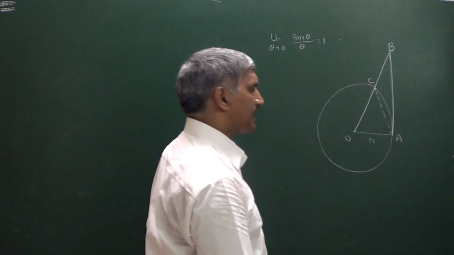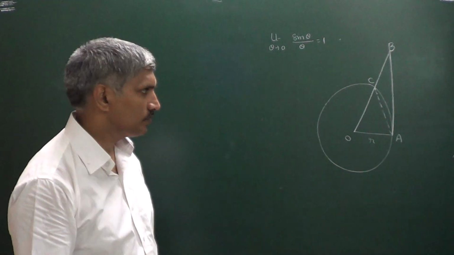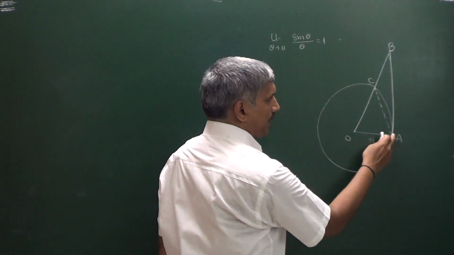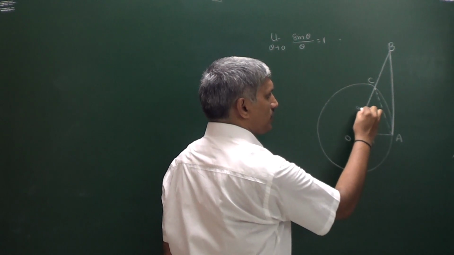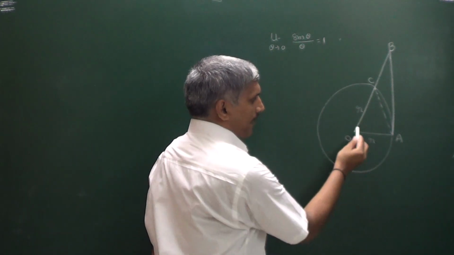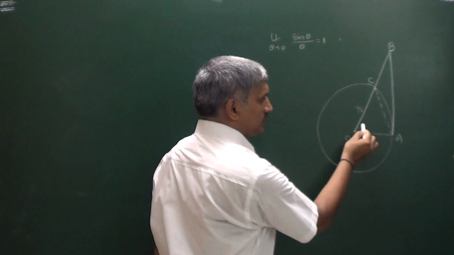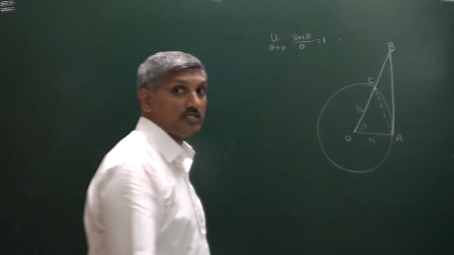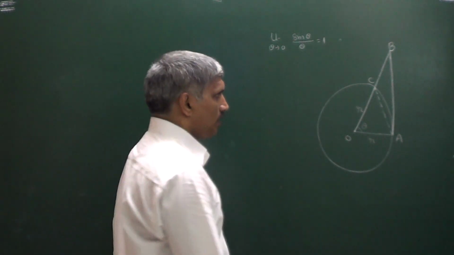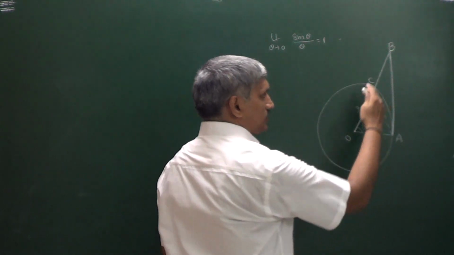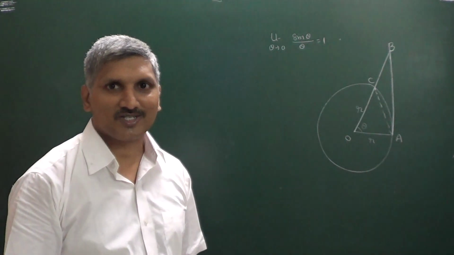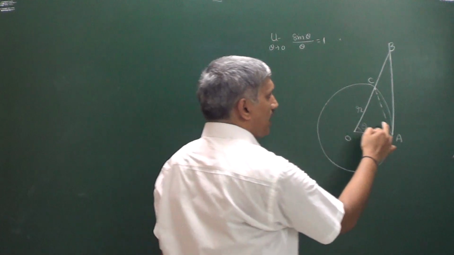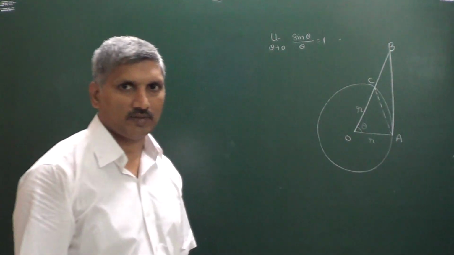One is triangle OAC, OC is also a radius. I am taking the measure of this angle as theta, measured in radians, and OAC is a sector also, and again OAB is a triangle.